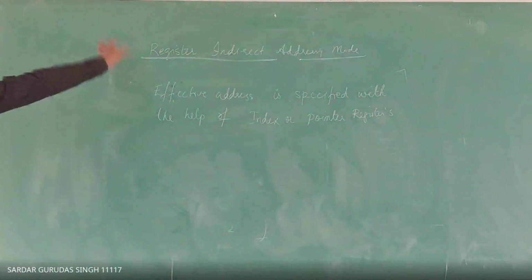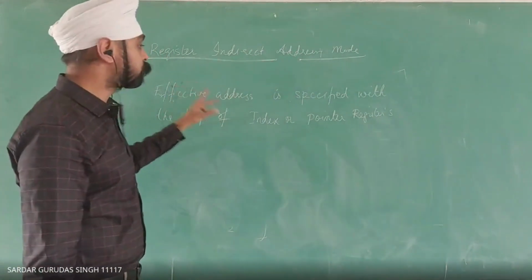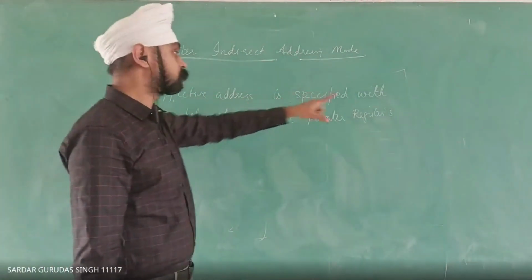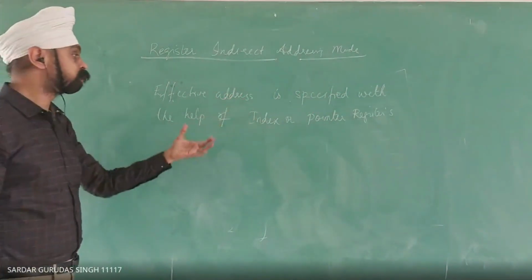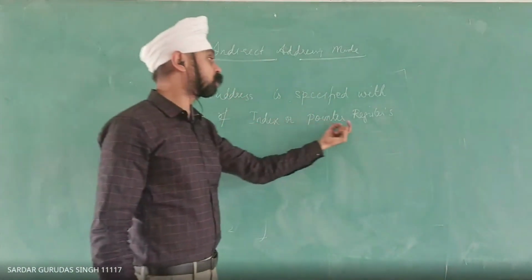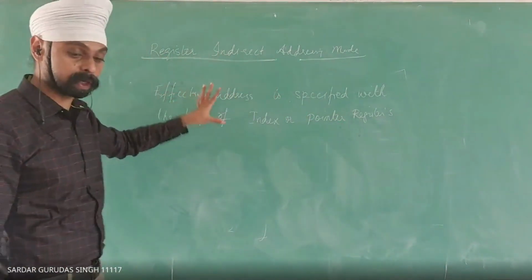This is how we define register indirect. The effective address is not specified directly. Instead of specifying directly, we will use index or pointer registers to specify the effective address.